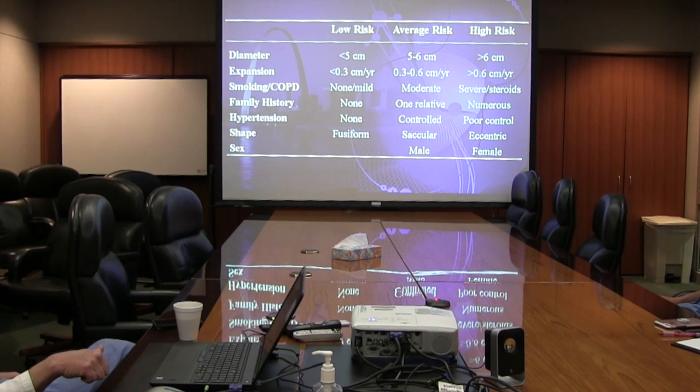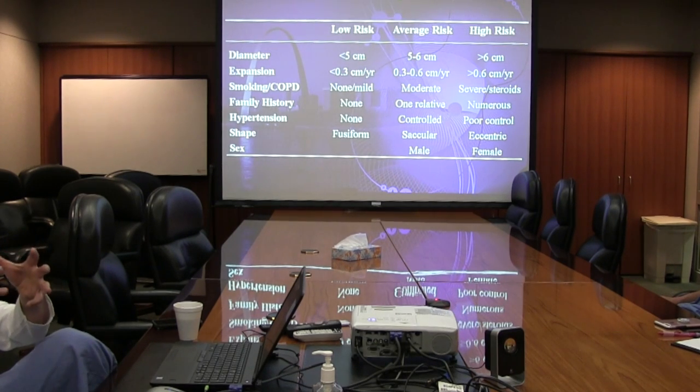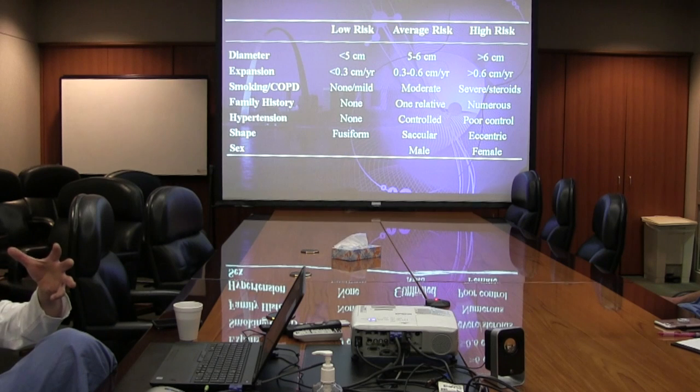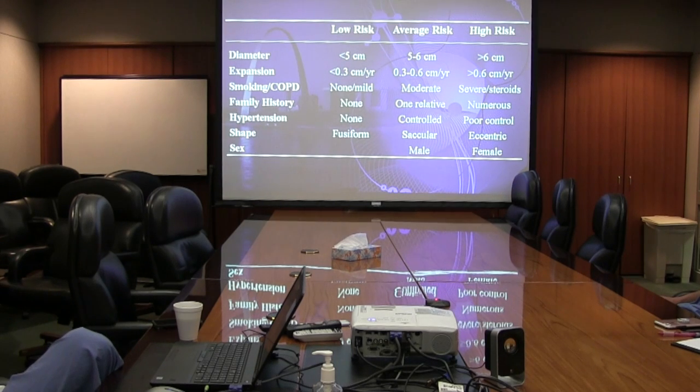So, the thing about aneurysms is the shear force on the wall of the artery gets bigger. The bigger the aneurysm is, the thinner the wall becomes. You know, basically the pressure per square area goes up, and the rupture risk goes up. And the rupture is not linear. It's exponential, right?